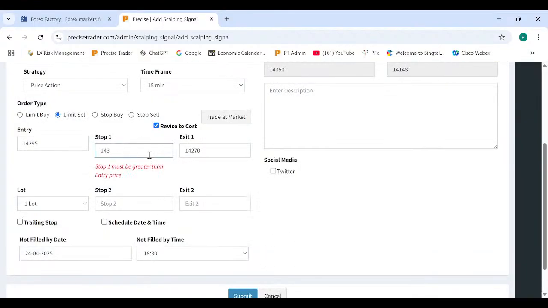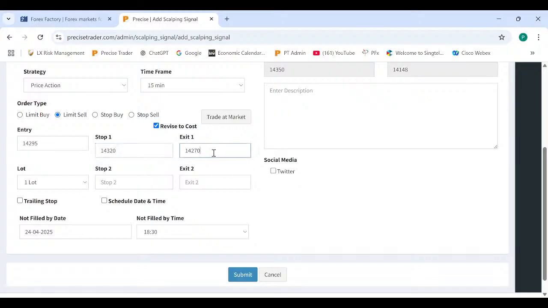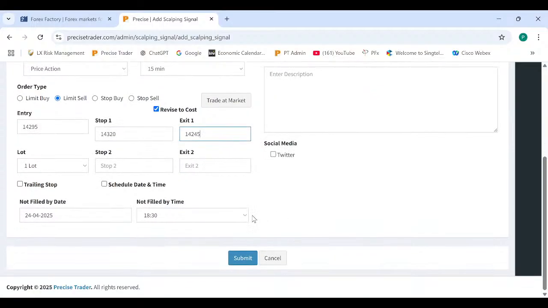Okay, stop at 143.20 and TP at 142.45. Okay, this one we will give maybe until 7 p.m., 1900 hours.